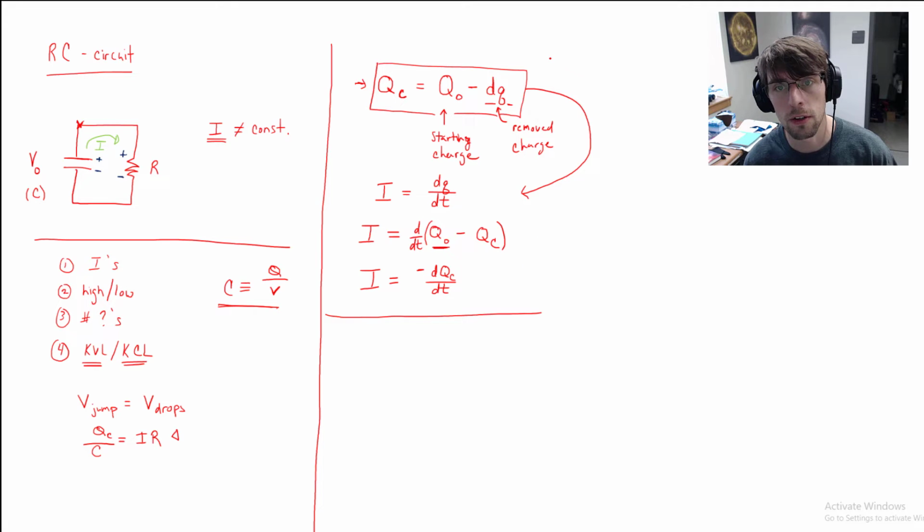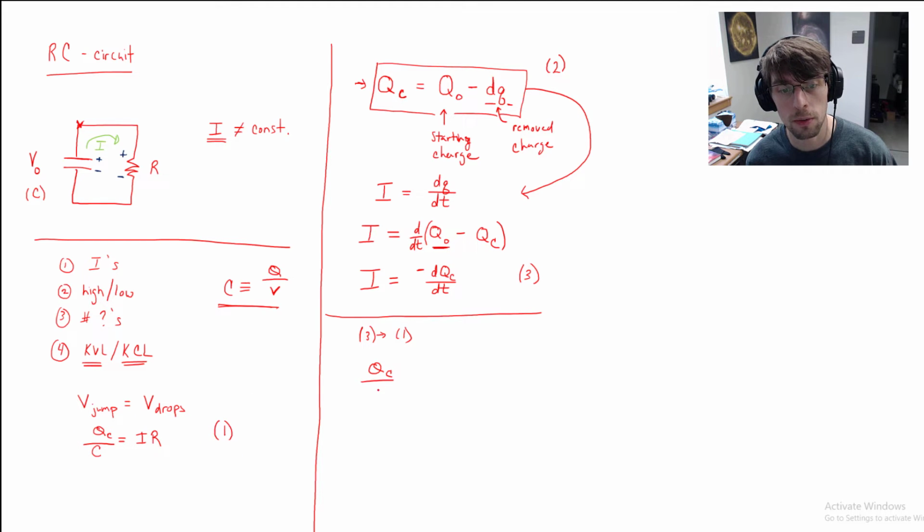And incidentally, just for reference, I'll call this equation 1. I'll call this one equation 2. And I'll call this one 3. So what we want to do is take 3 and sub it into 1. So we're taking equation 3 and we're subbing into equation 1. So let's write down equation 1.